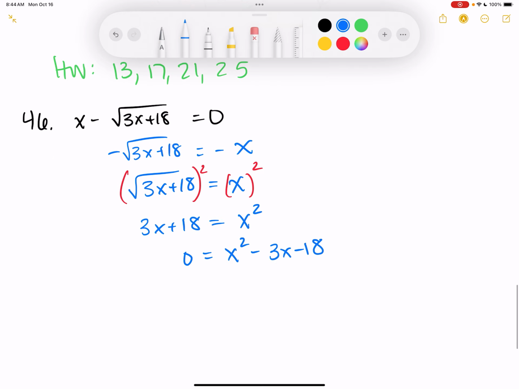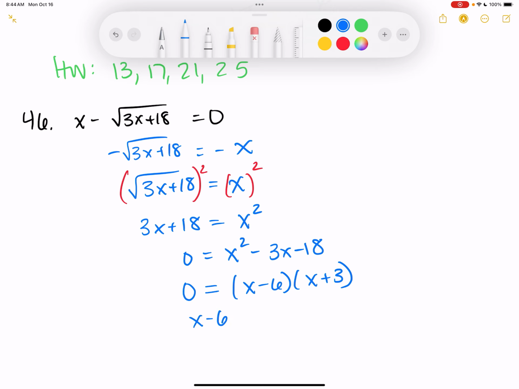And now I just need to factor and then use the zero product property to solve. So what would x squared minus 3x minus 18 factor into? Or what are factors of negative 18 that add up to give me negative 3? Negative 6 and 3. So that'll be x minus 6, x plus 3. Then I just split it, set each piece equal to 0.